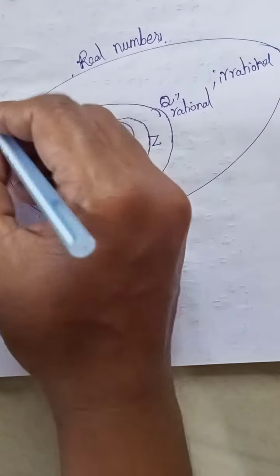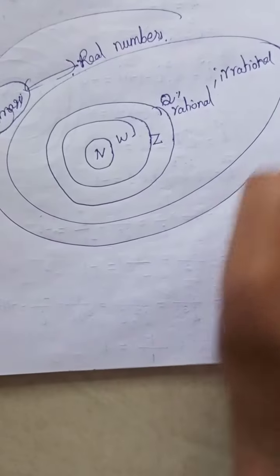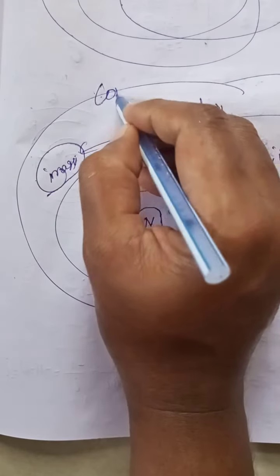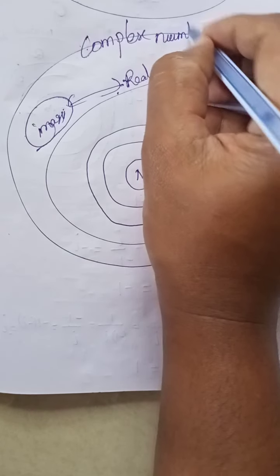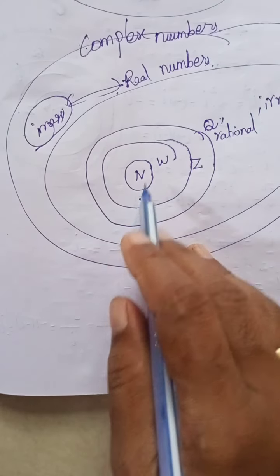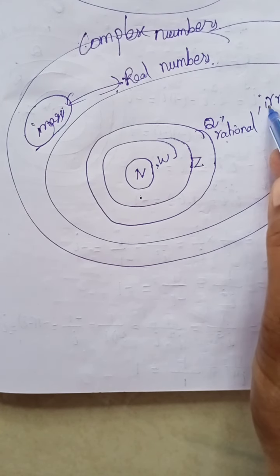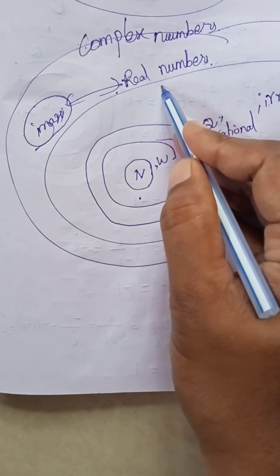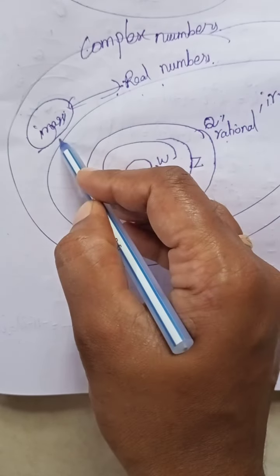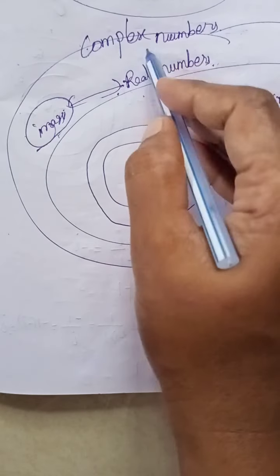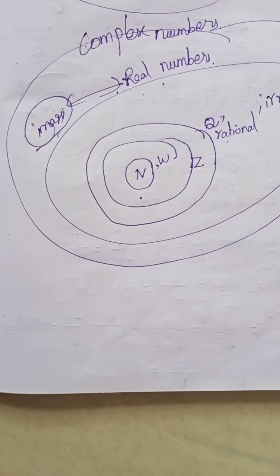This real number and the imaginary, okay, this imaginary and real numbers together give the next biggest set, that is complex numbers. So natural numbers, whole numbers, the next integers, then rational, irrational, then together everything is real numbers. Now real numbers and this imaginary unit, everything together we get as complex numbers. That's the biggest set. Okay.